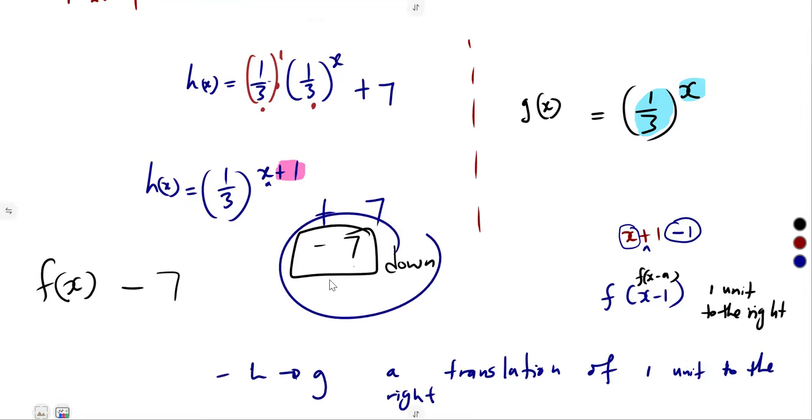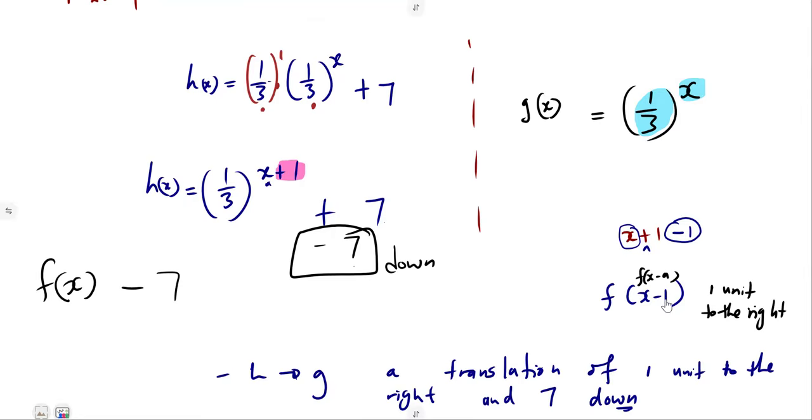But we saw that there is also 7 units going down, as we are going downwards. So it was a combination, two transformations combined. Translation 1 unit to the right, 7 units down.